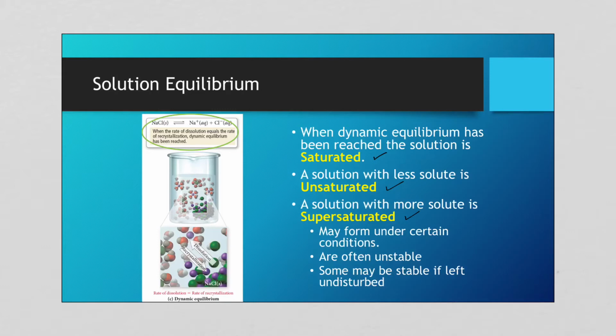And these kinds of solutions are often unstable, meaning a bunch of the solute will come out of solution or precipitate under disturbances, if it's mixed or these kinds of things. But some can actually be quite stable if they're left relatively undisturbed.